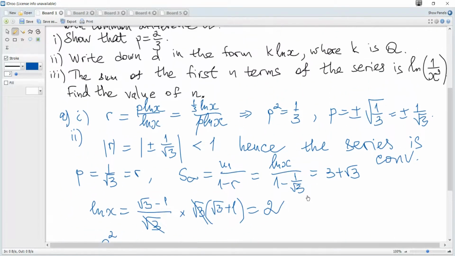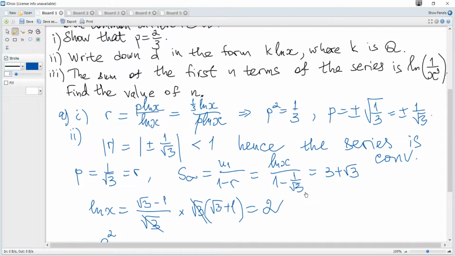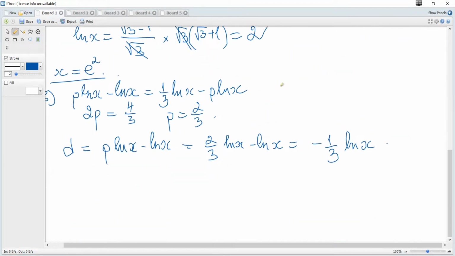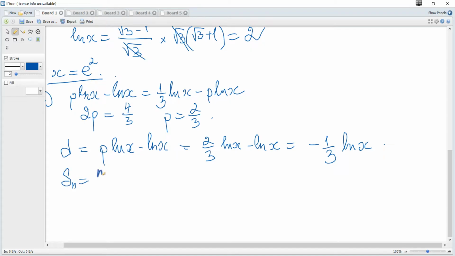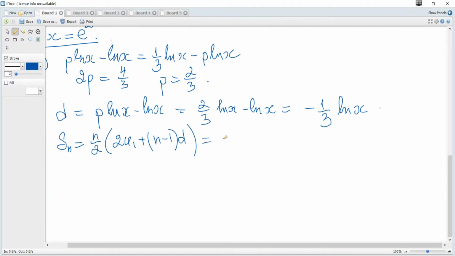The next part: the sum of the first n terms of the series is ln of 1 over x cubed, find the value of n. The formula for the sum of the first n terms of the arithmetic sequence is given in the data booklet, and it is Sn equals n over 2 times 2u1 plus n minus 1 d, and it is equal to ln of 1 over x cubed.